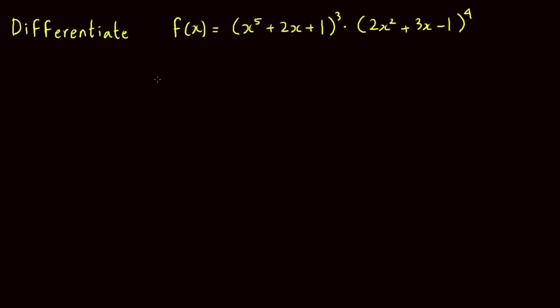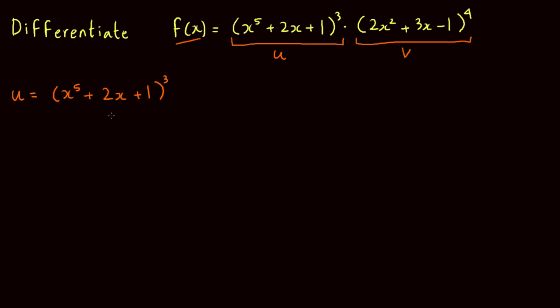Okay, so assuming that you guys already paused and tried this problem, let's try to solve it together. First thing I've noticed is that this f(x) is actually a product of two functions, right? So this function I'm going to label as u, and this function I'm going to label as v. So u is equal to (x^5 + 2x + 1)^3.